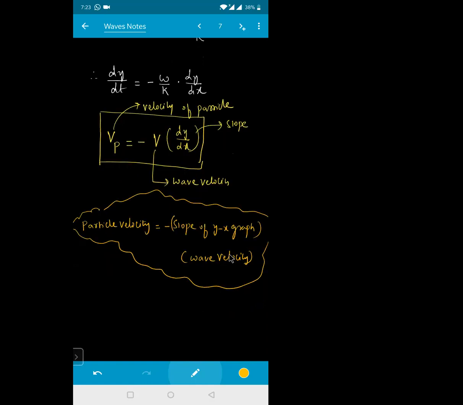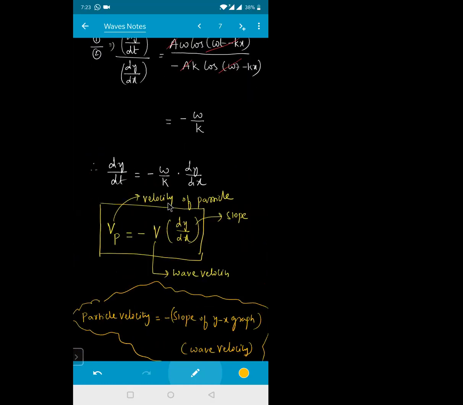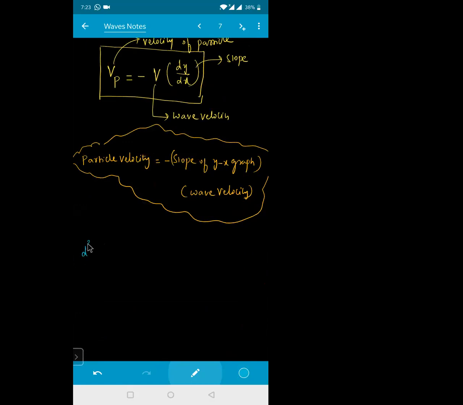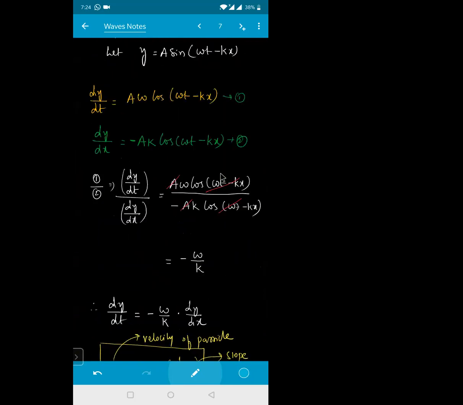Yes sir. Now see equation 1 once again. dy by dt is a omega into cos(omega t minus kx). What you do is differentiate again. If I differentiate dy by dt again, double differentiation, d square y by dt square will be equal to: a into omega is constant, so bring it out.